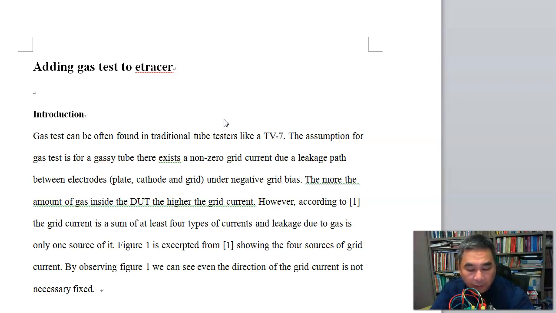I found that for those very high GM tubes, the long wire gives problems to etracer, as it causes oscillation. So I was trying to fix this problem by adding some grid stop resistor close to the tube socket, and then I figured it might be a good idea to have the ability to change the resistance in the grid circuit.